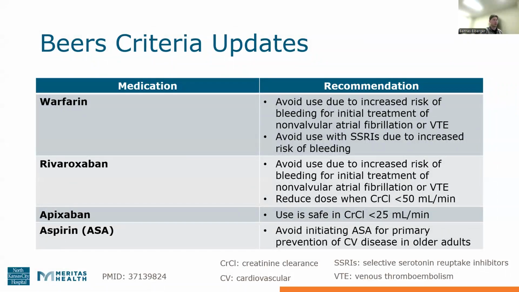They recommended avoiding initiation of aspirin for primary prevention of cardiovascular disease in older adults. Essentially, if you don't have any cardiac history and you're over 65 years old, they recommend avoiding initiation of this drug. So it might be a good discussion with your physician to see what their recommendation is if you have any cardiovascular disease or any other indications to be on aspirin outside of cardiovascular.